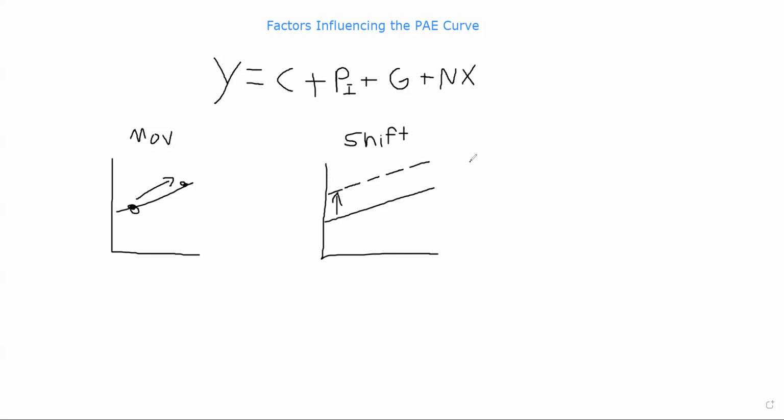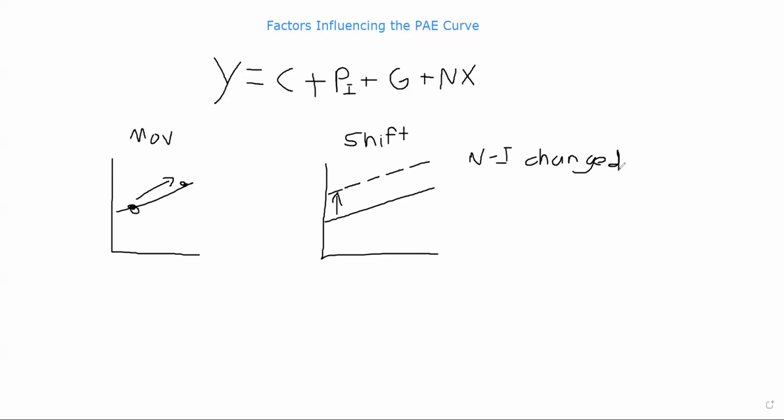This means one of the non-income factors changed. This will cause a shift. Some things that change the PAE curve would be like wealth.